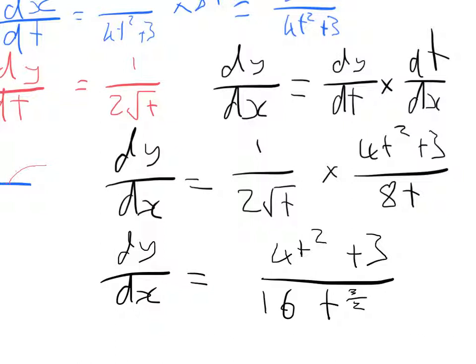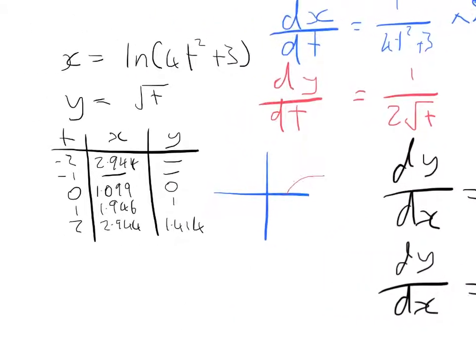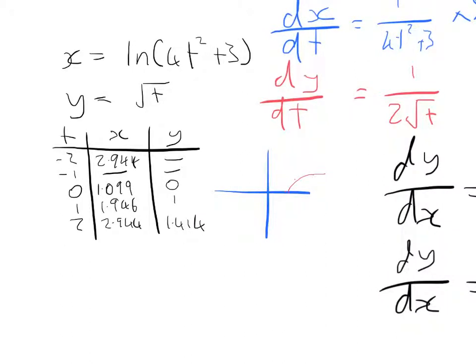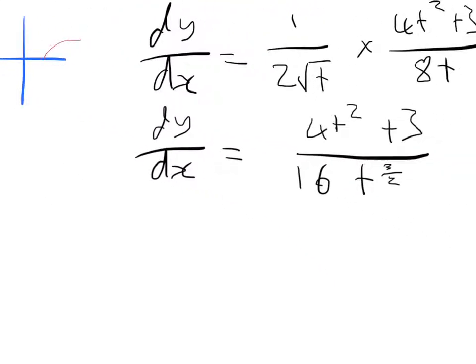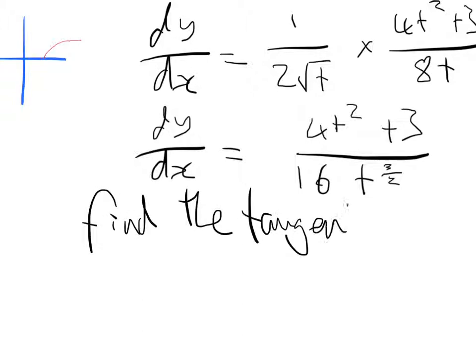Now, if we wanted to know the gradient, a tangent where t equals 1, for example, or maybe t equals 2 might be better. We'll use t equals 1. Gradient where t equals 1. So when t equals 1, we know x is 1.946 and our y is 1. So the first thing we'll do is differentiate.